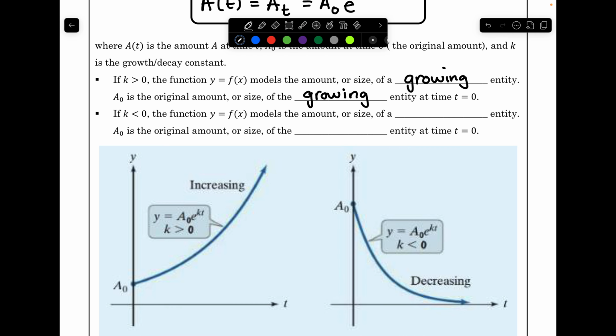If the value of k, like I mentioned, is negative, then we're going to have a decreasing entity, represented by this graph here on the right.